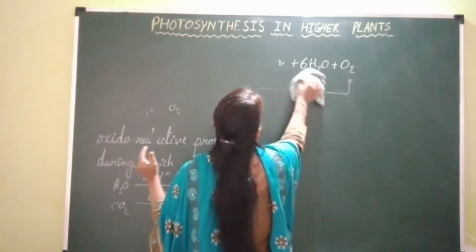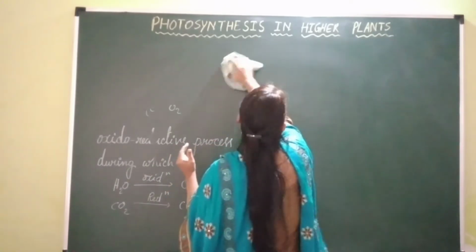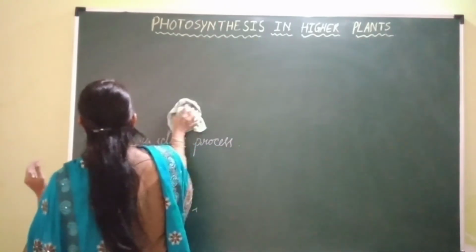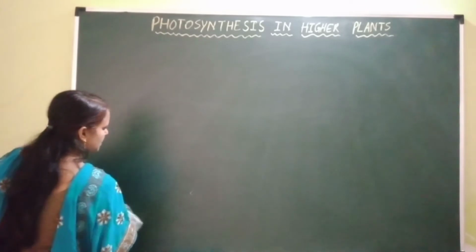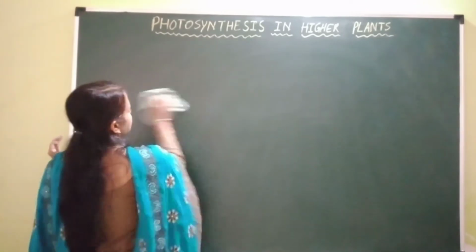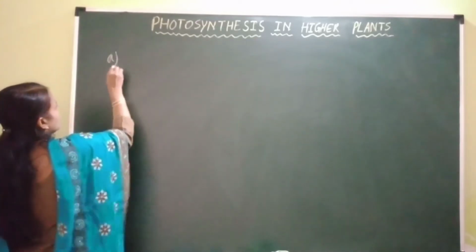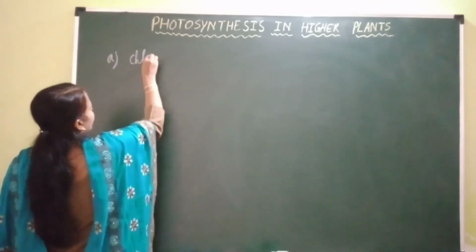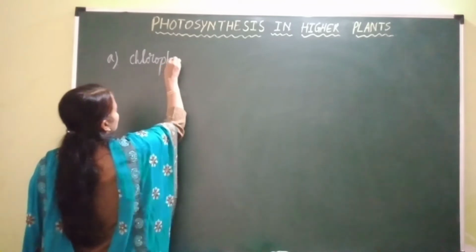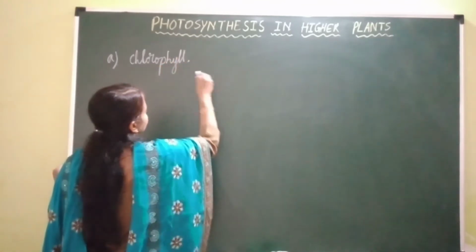The experiment shows that both chlorophyll and sunlight are required for photosynthesis to occur.